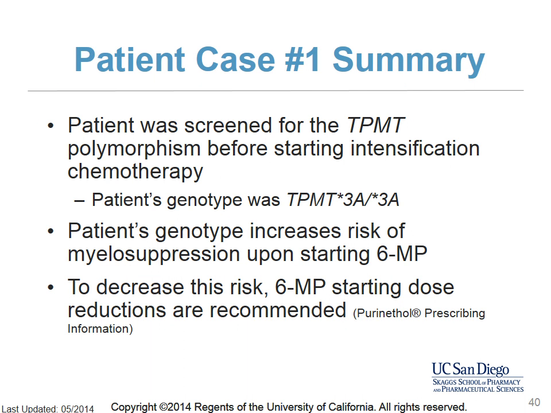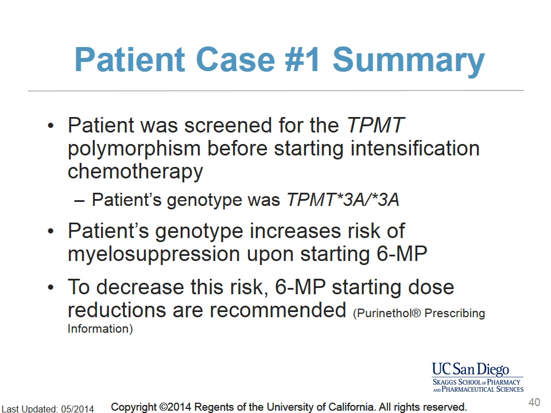Returning to the case of our 7-year-old Caucasian patient, the first question posed was, should a genetic screening test be done before starting 6-MP therapy? Following the systematic analysis provided on the previous slide, the patient was screened for the TPMT polymorphism before starting chemotherapy. The test revealed the patient's genotype was TPMT star 3A star 3A.